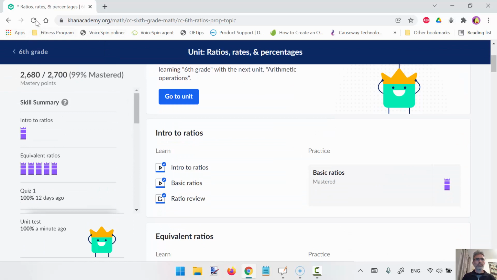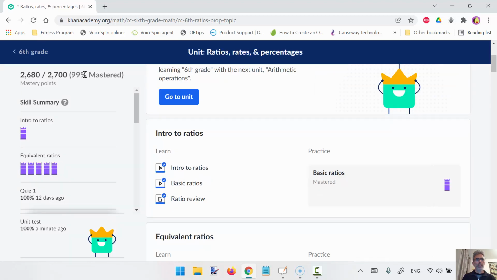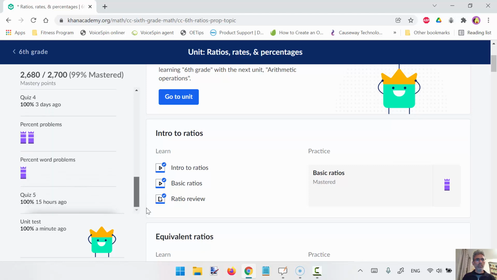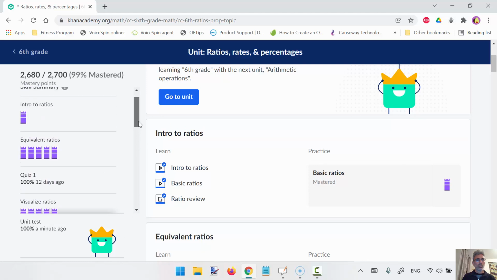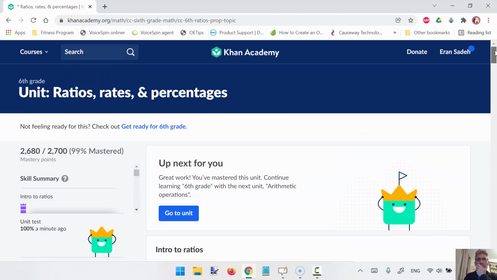This is maybe if I reload the page. No, why? 99. That's missing. I don't know.